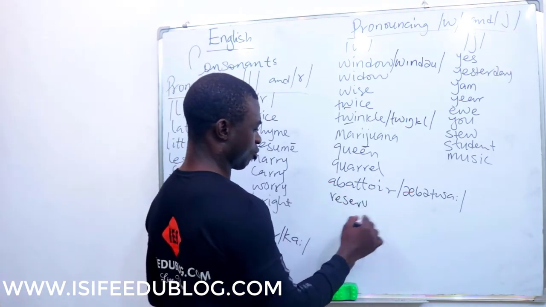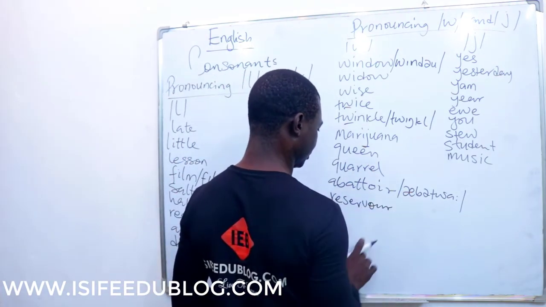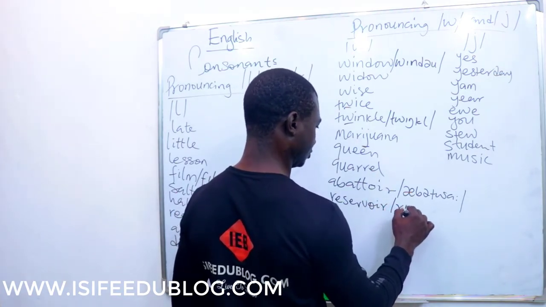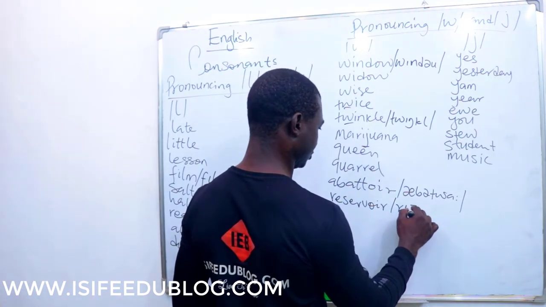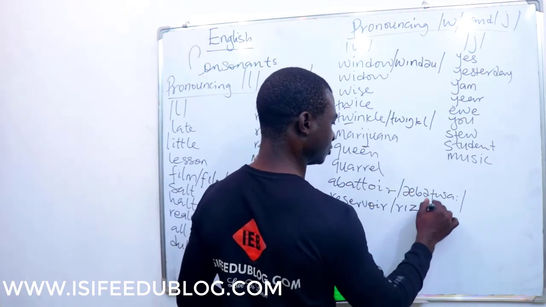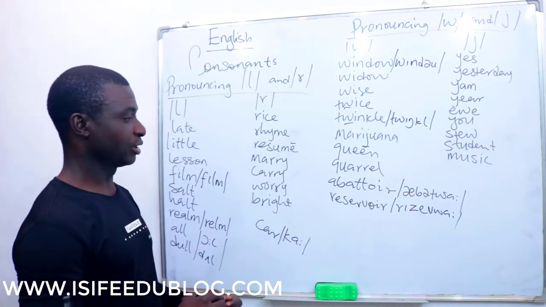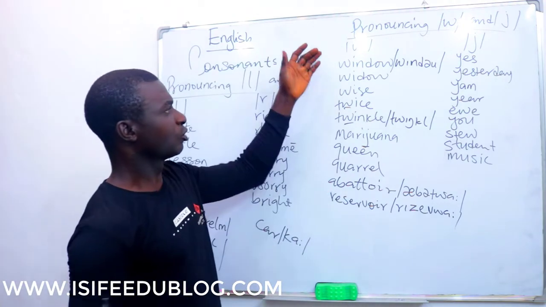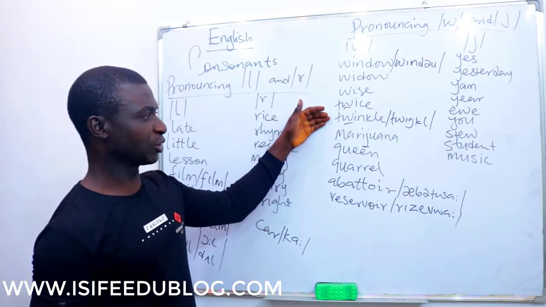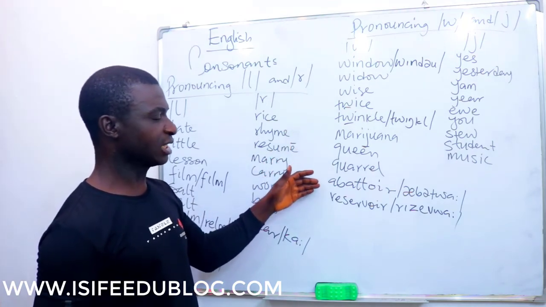Of course, these are words of French origin, you know, reservoir. Reservoir, abattoir, all have we in the middle. So, window, widow, wise, twice, twinkle, marijuana, queen, quarrel, abattoir, reservoir.